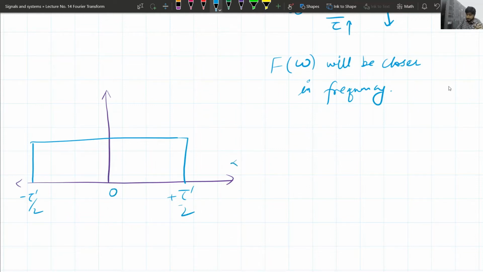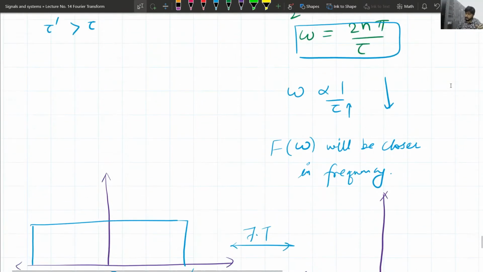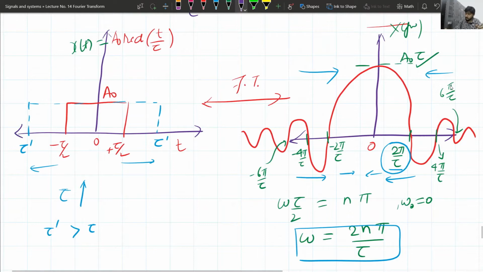Then in that case we have a Fourier transform whose graph will be, you can see, more wide, but since tau is increasing, the frequency will come closer to each other.